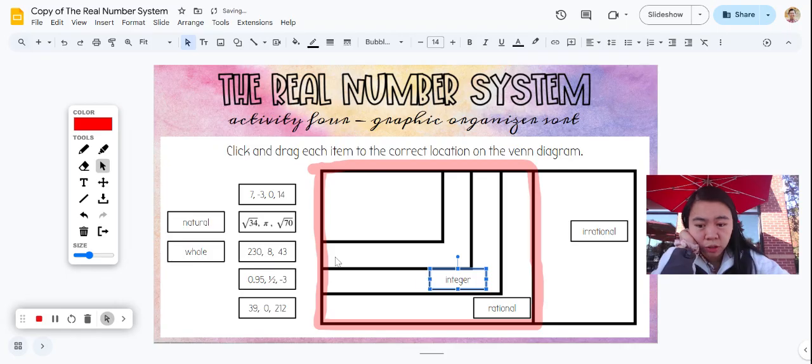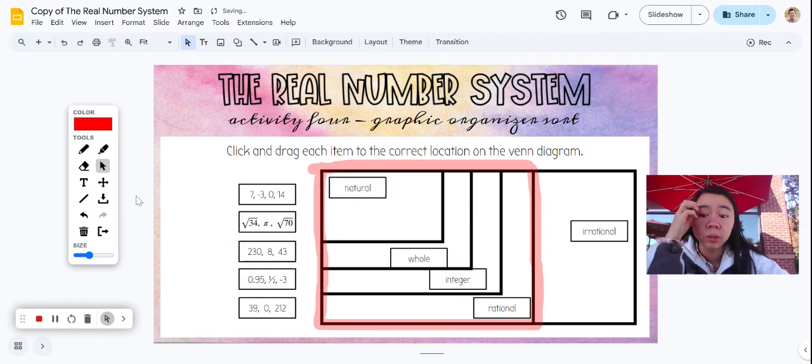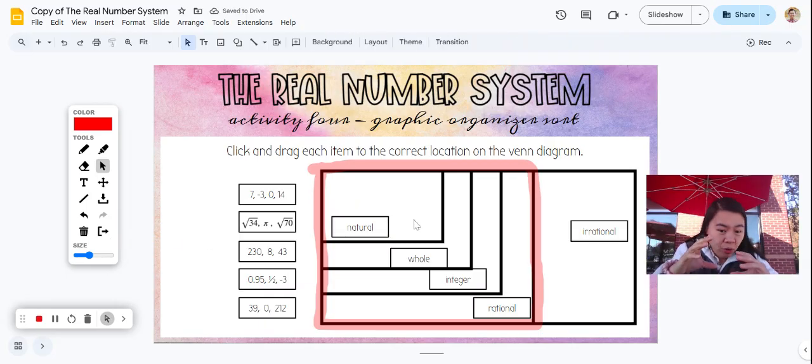Okay, a special kind of integer is a whole number, and a special kind of whole number is a natural number, a counting number. All right, there you go. I'll put this down here. It's a little bit more of a pattern. Because a natural number is inside the whole number box, which is inside the integer box, which is inside the rational number box.